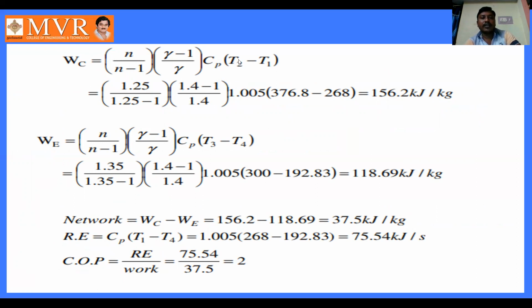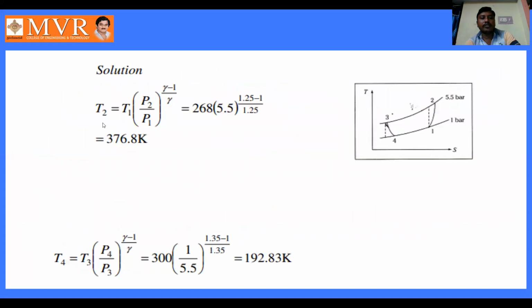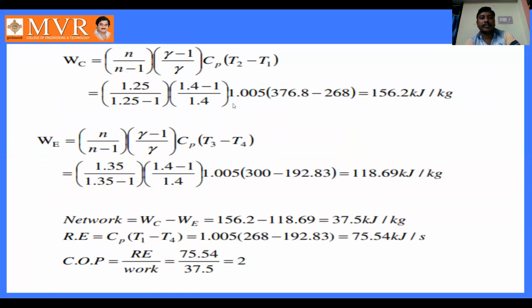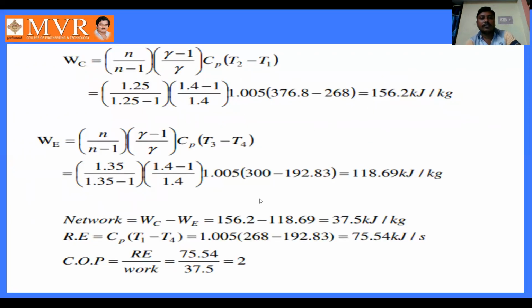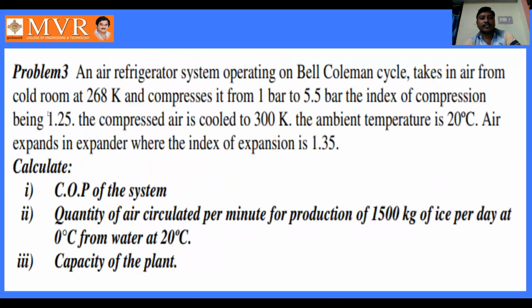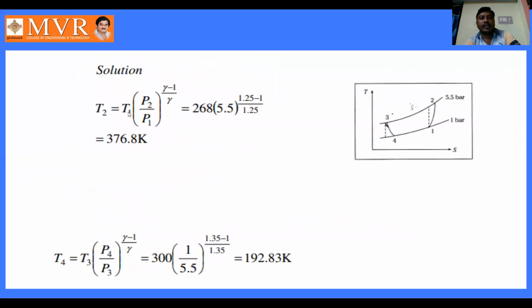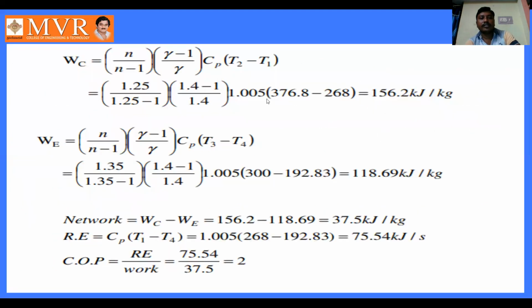We have calculated the T2 value here: T2 is equal to 376.8. And T1 is equal to 268, as given in the problem itself, so we have substituted it here. Hence, we have got the work done of the compressor as 156.2 kilojoule per kg.